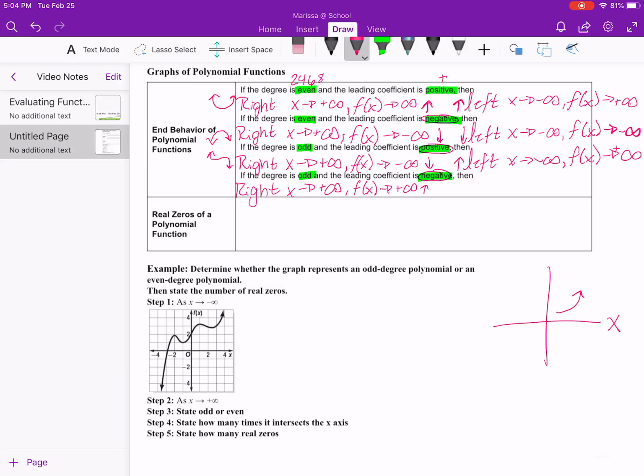On the left side, as my x values get smaller, then my graph is going to be getting smaller. So I'm going to be approaching negative infinity. So this time I've got a graph that might look something like that.